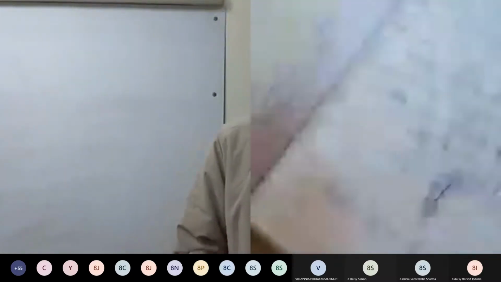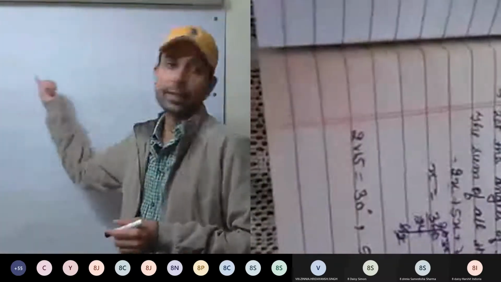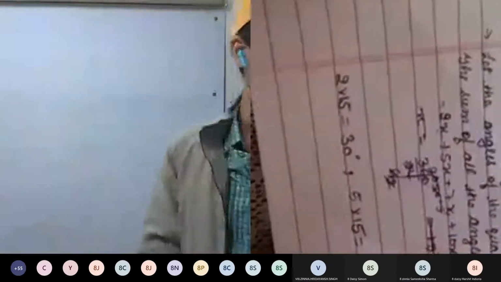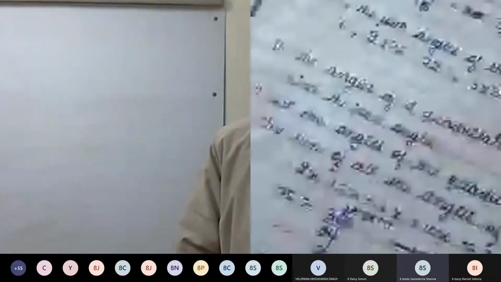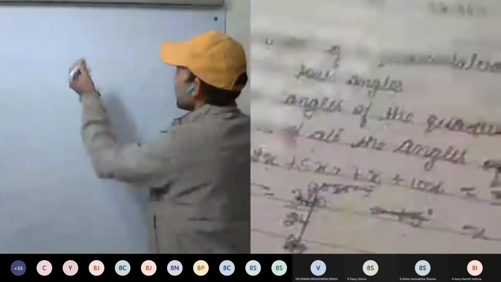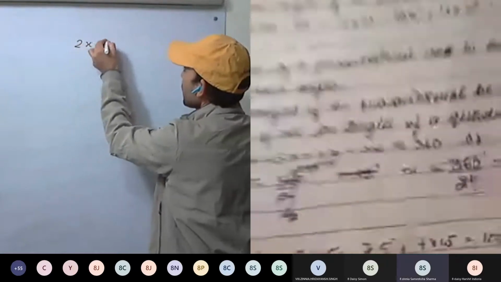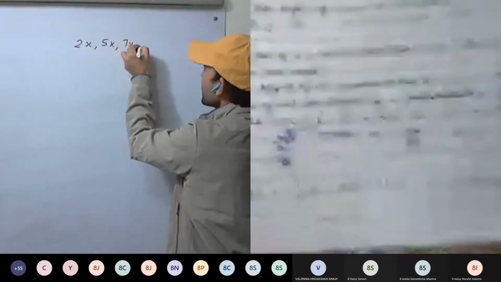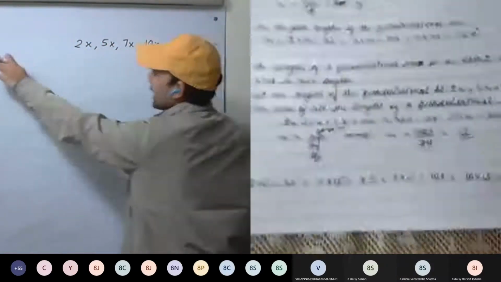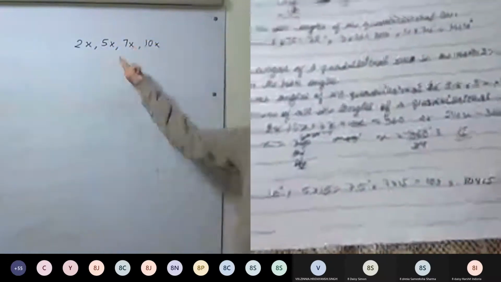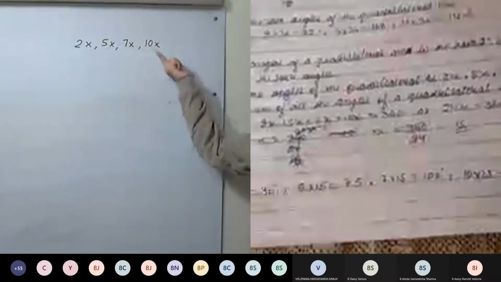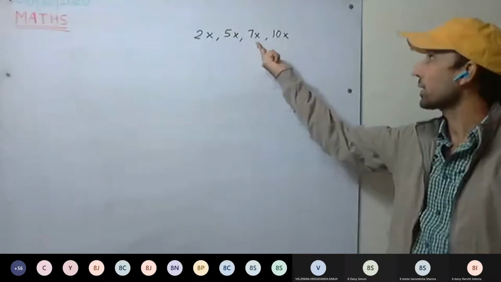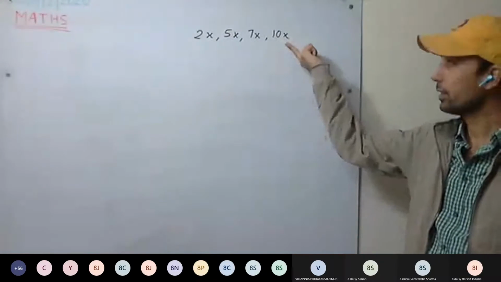Okay, solve this one. Let the angles of the quadrilateral be 2x, 5x, 7x, and 10x. These are the four angles: angle 1, angle 2, angle 3, angle 4. Is this clear?